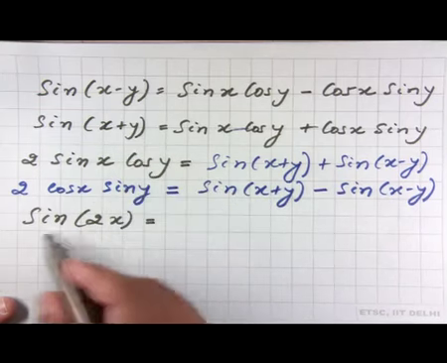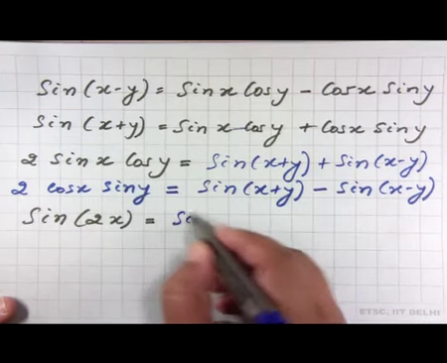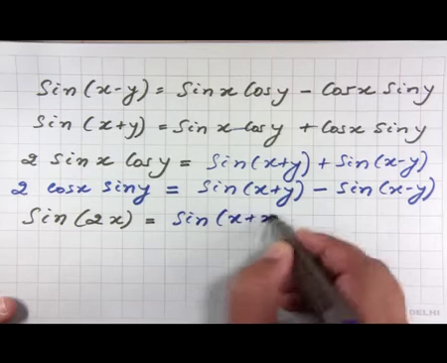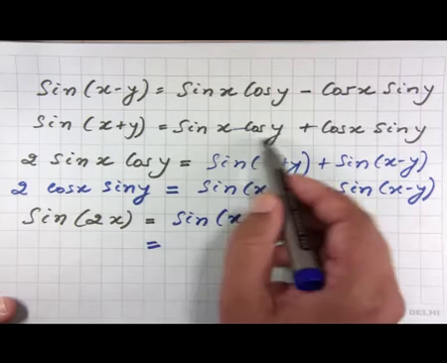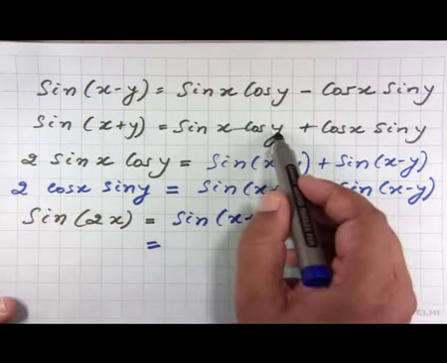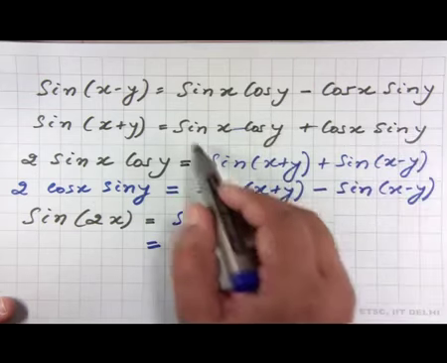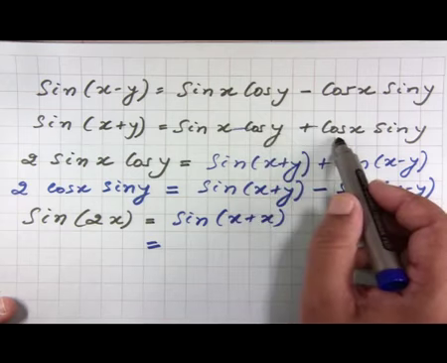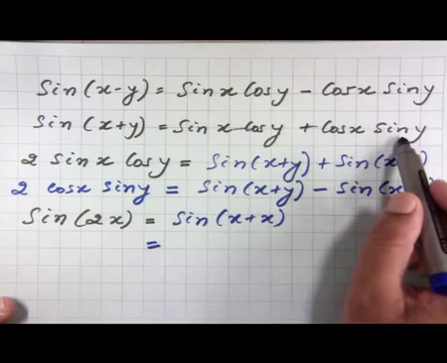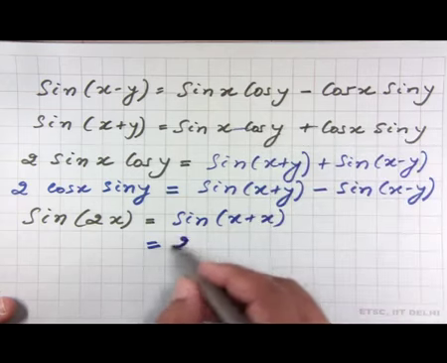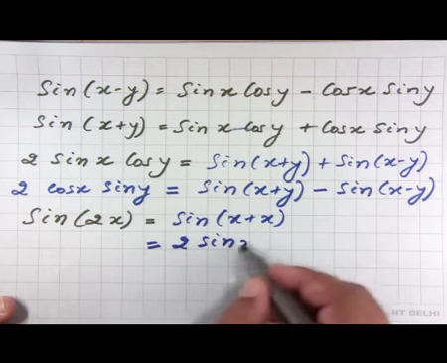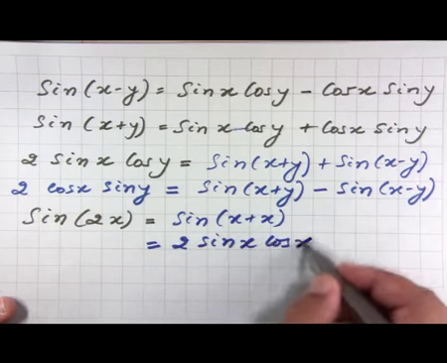So, we get sin 2x is sine of (x plus x). Now, in this formula we have y equal to x. So, we get sin x cos x plus cos x sin x, which is equal to 2 times sin x cos x.